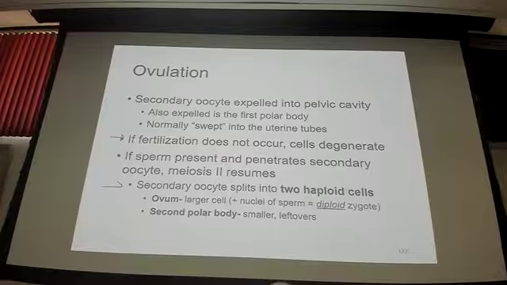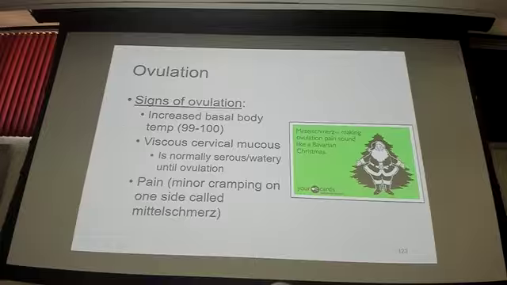All right. And just so you have this, this was a fun one. Terry used to love this, middle schmerz. But why are these useful? That's right. So if you have the rhythm or the thermal method, right?